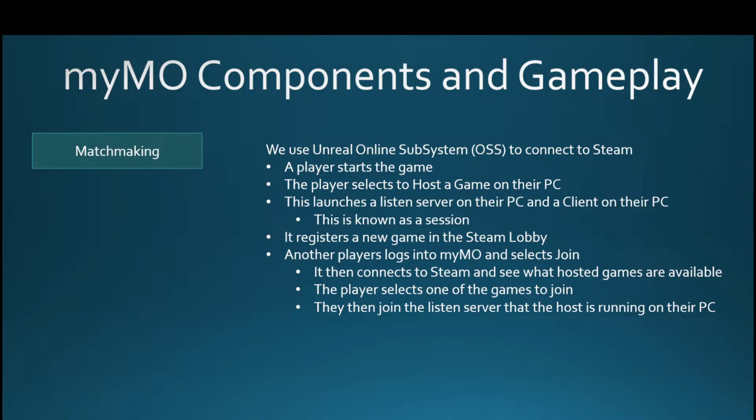So what are the components? We're going to start with matchmaking. Matchmaking is how people get together on the internet to play this game with each other, or any multiplayer game. Right now we're using Unreal's online subsystem, a component inside Unreal Engine, that connects to a Steam service, an online service.